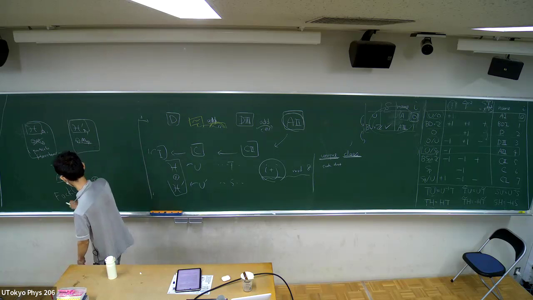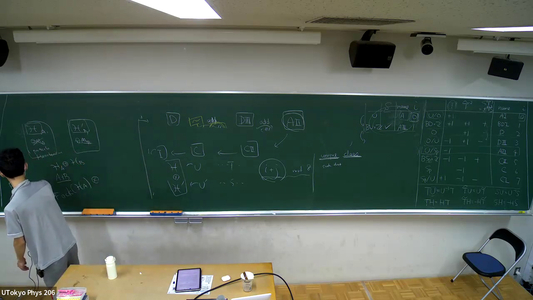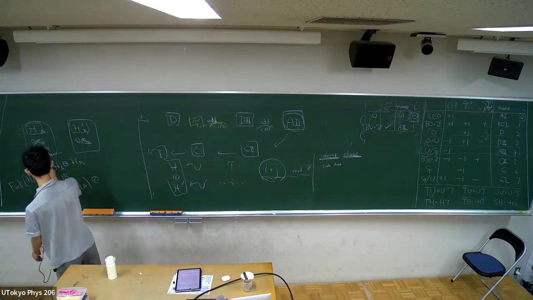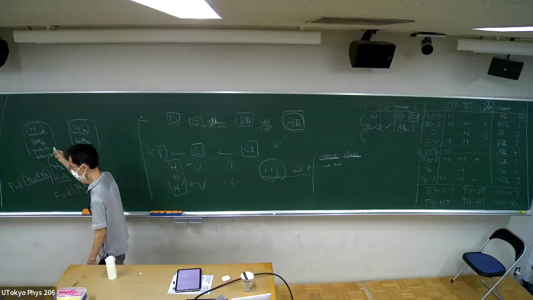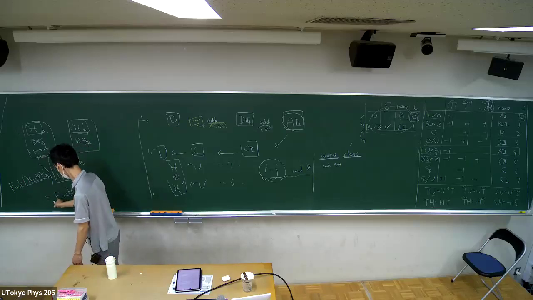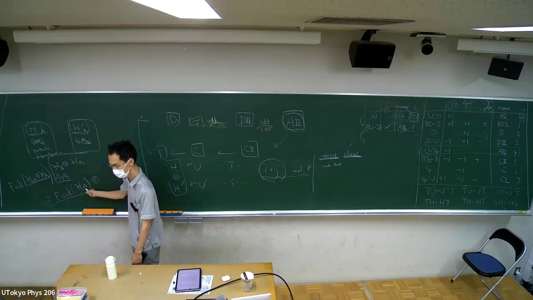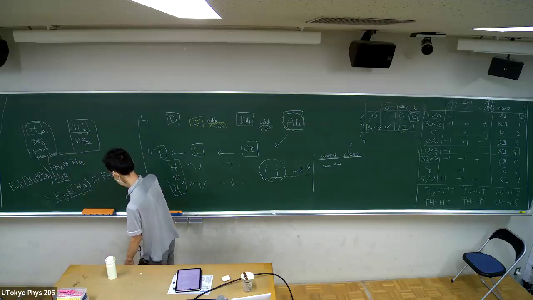So what happens is that the Fock space of the direct sum of the one particle Hilbert spaces is the tensor product of the Fock space of one and the Fock space of the other, right?